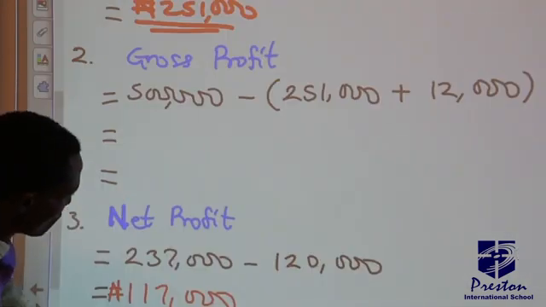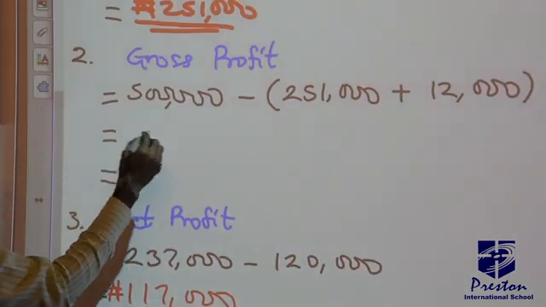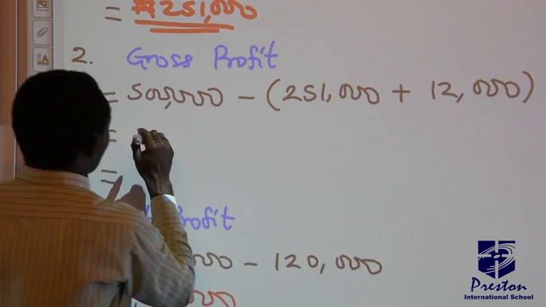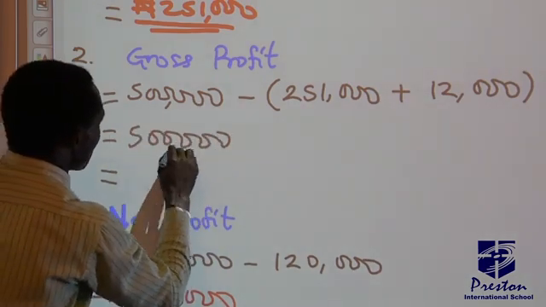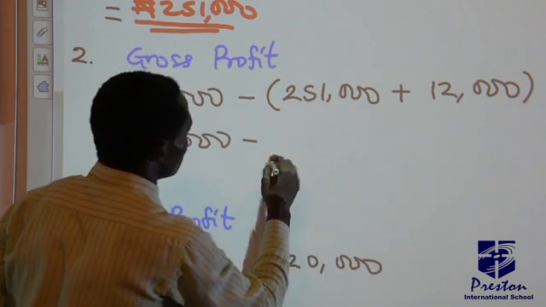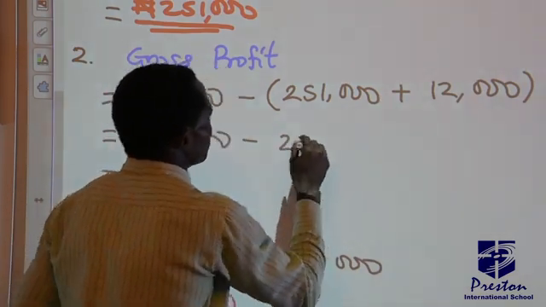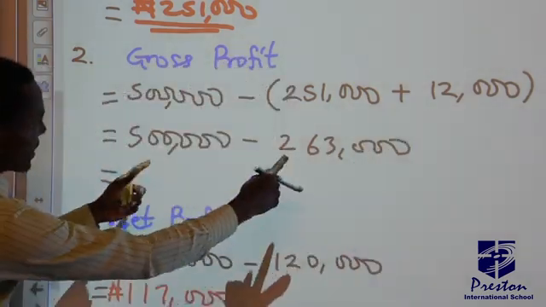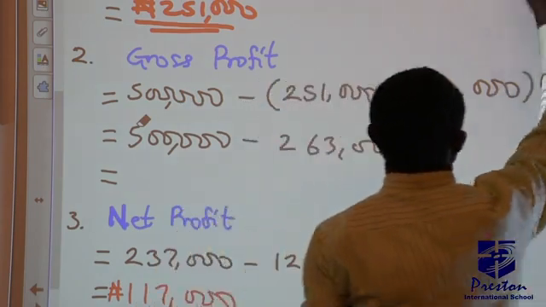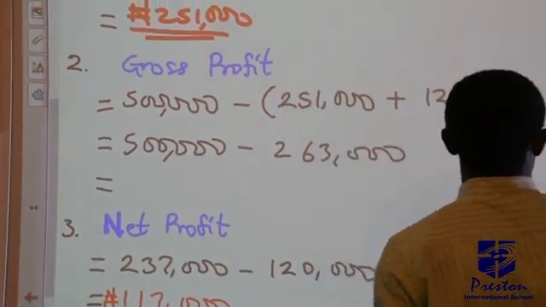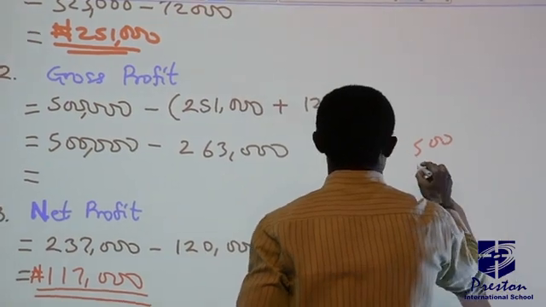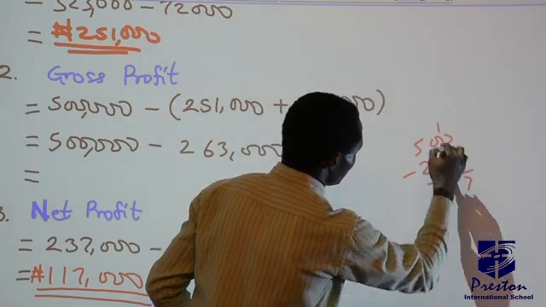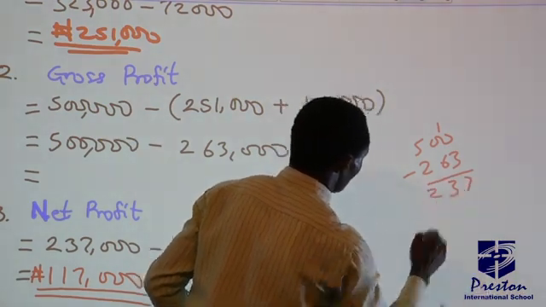So that takes us straight to this: 500,000 naira, which happens to be our sales, minus the addition of these two, which gives us 263,000. So subtracting this from this, let's do our rough work here. 500 minus 263. What does it give to us? We subtract this from this, 7, 3 and 2.